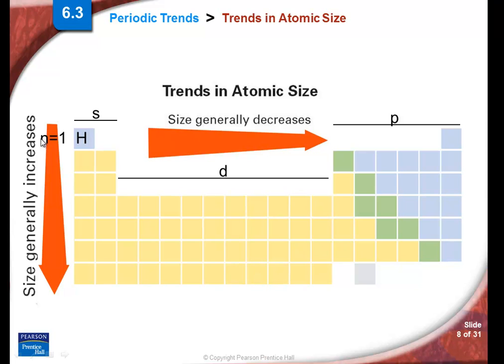In the n equals 1 energy level, that's period 1, hydrogen is the first element, and you can see that if we depict the element here with the Bohr model rings for each principal energy level, you've only got one ring here, right? So that's n equals 1.